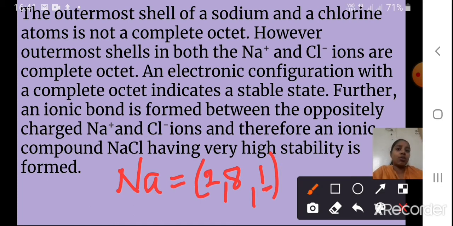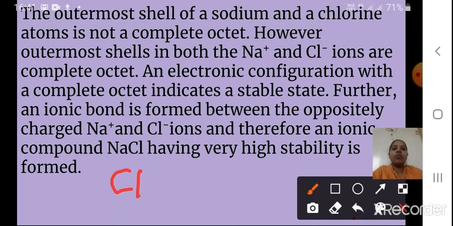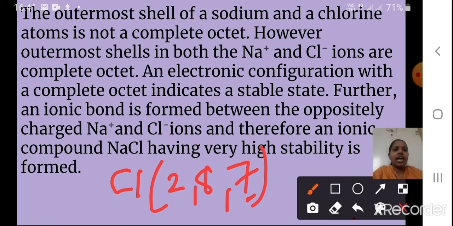No, 1 electron is remaining, right? Same way, for chlorine, Cl, we write it as 2, 8, 7. Can I say the last shell octet is complete? No. So it is said that the outermost shell of sodium and chlorine atoms is not a complete octet.